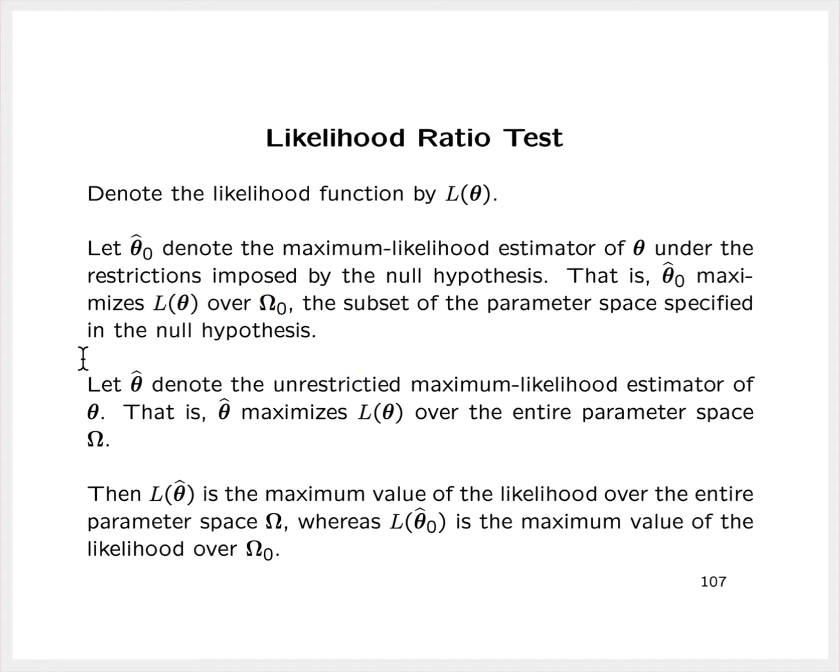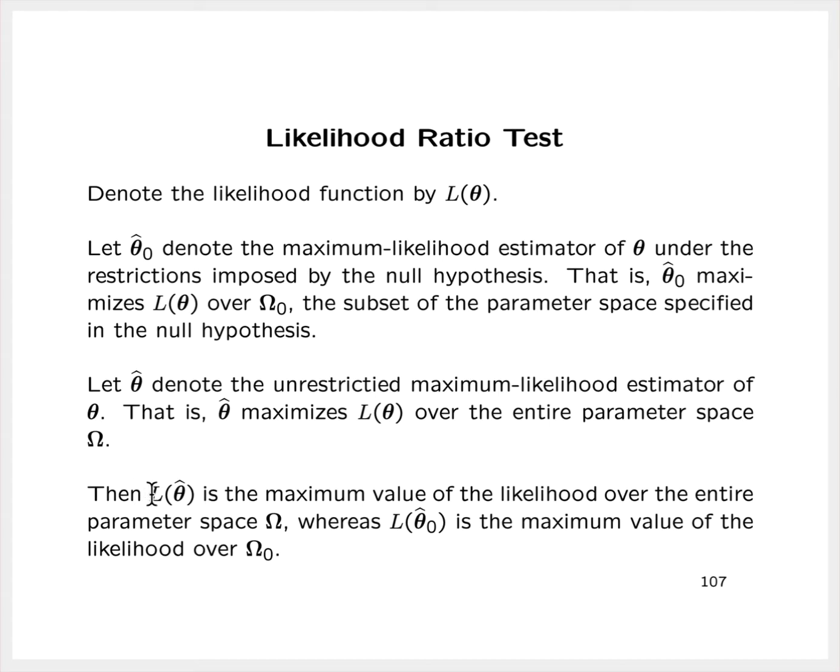Now, we can think of maximizing the likelihood function over the entire parameter space, cap omega. And so we would denote the parameter point that maximizes the likelihood function over the entire parameter space by theta hat without a subscript on it. This is the unrestricted maximum likelihood estimator of theta. In other words, theta hat maximizes the likelihood function over the entire parameter space.